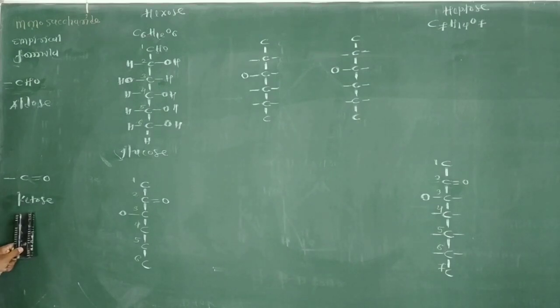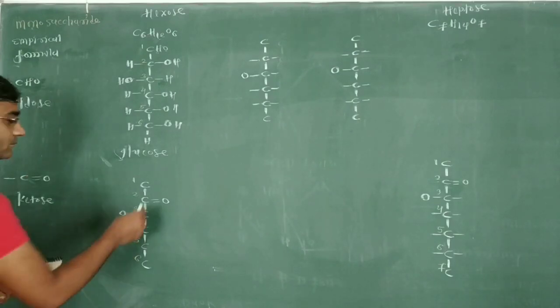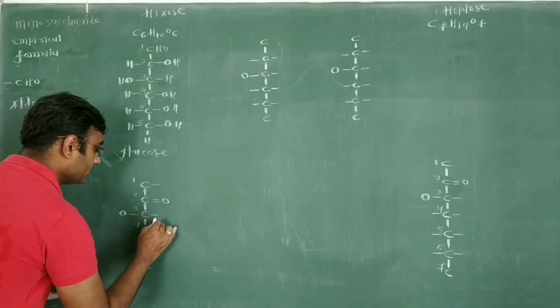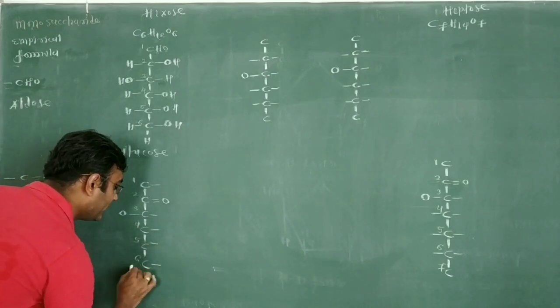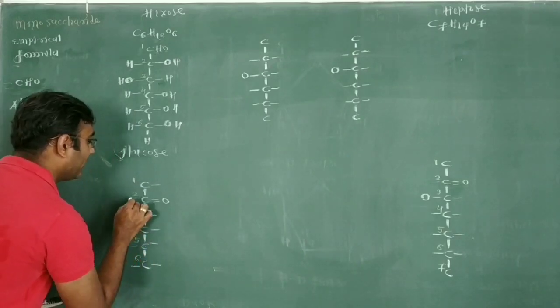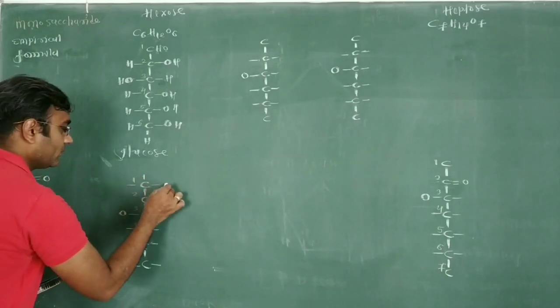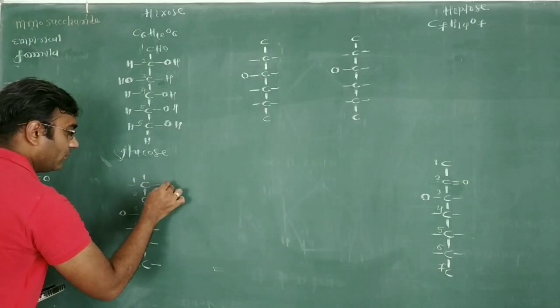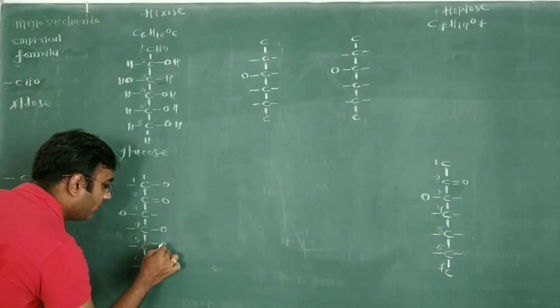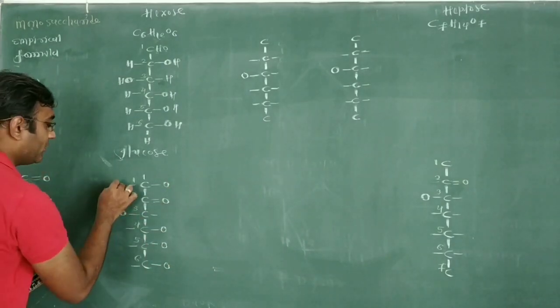Now we are drawing ketohexose here. 2 oxygens are already arranged. Now the rest of the 4 are left to arrange: 1, 2, 3, 4, 5 and 6. Now arrange hydrogen.